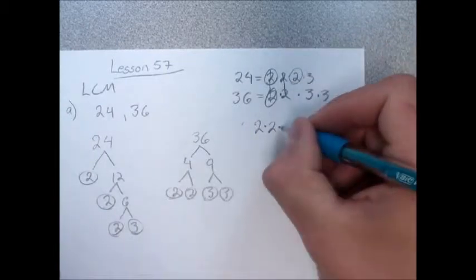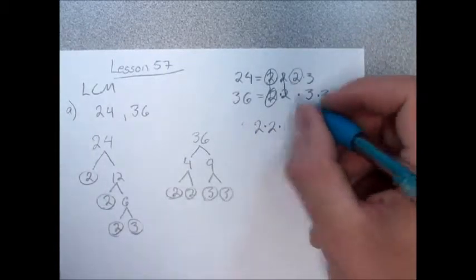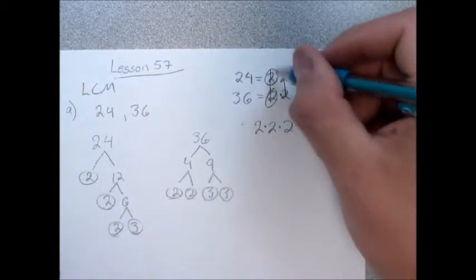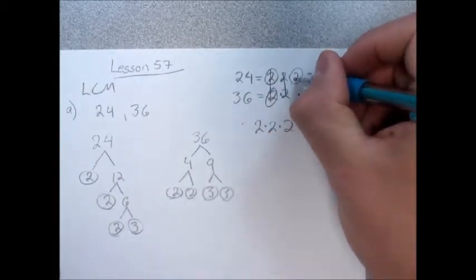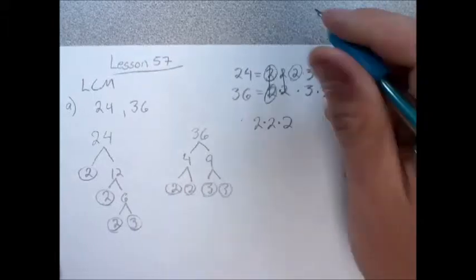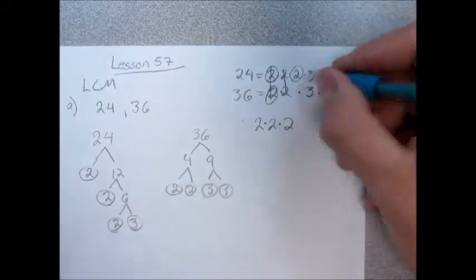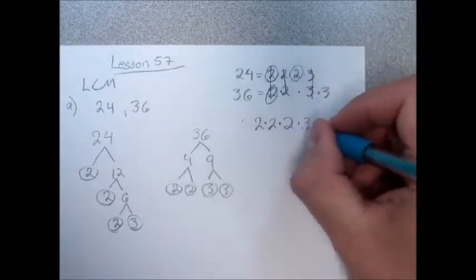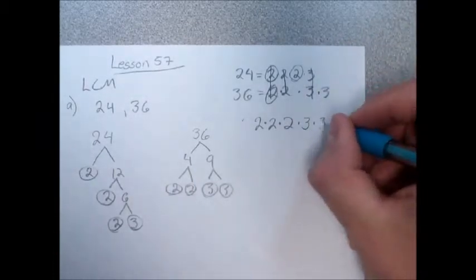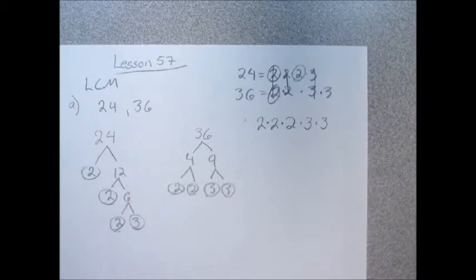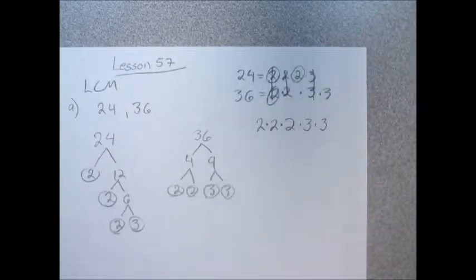I also need to write that down. I need everything to have a match, or if it's by itself, get written down. Everything that matches gets written down once. Everything that's just by itself gets written down once. So here I have a 3 that matches, so I'm going to write it down. And then I have a 3 right there, so I need to write it down. So basically you're writing everything down, but the matches you do not write twice.